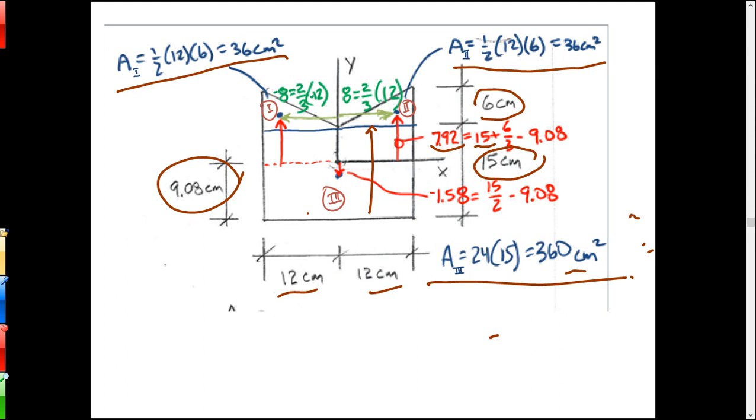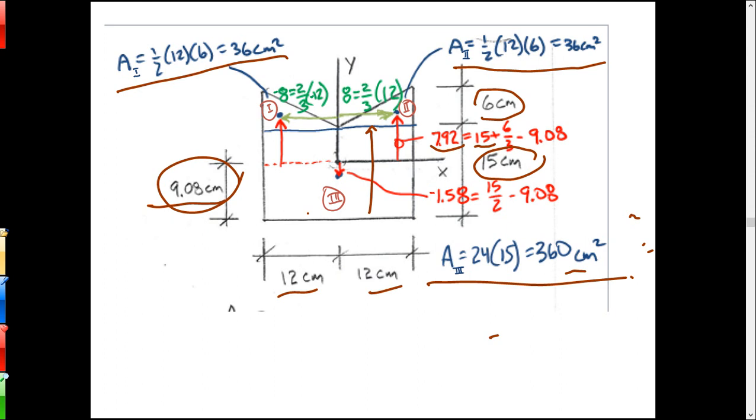All right? And then we could do a similar calculation to get to the centroid of the rectangle. That has a total height of 15, so half of 15 is 7.5. That's where that rectangle's centroid is located. But our axis is located at 9.08.